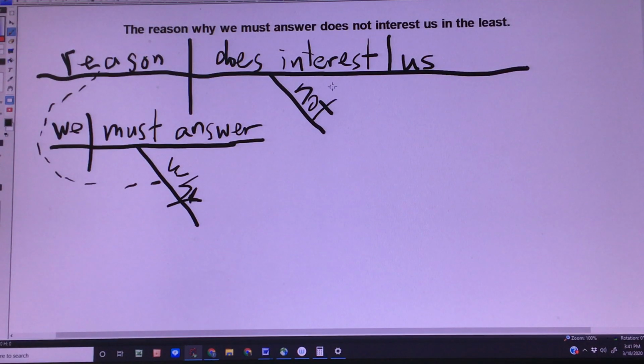And the in the least, what is that modifying? Is that telling us what kind of us it is? Us in the least? No. It's how are we interested? Of course, how are we not interested in the least?